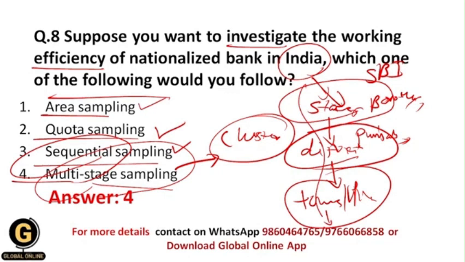So here the researcher is sequentially selecting the samples. All of you getting? And that's why your correct answer should be 4, that is the multi-stage sampling technique.